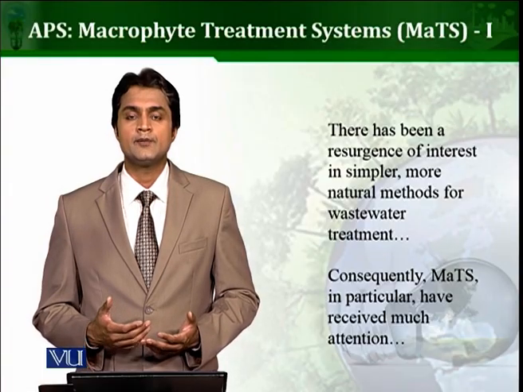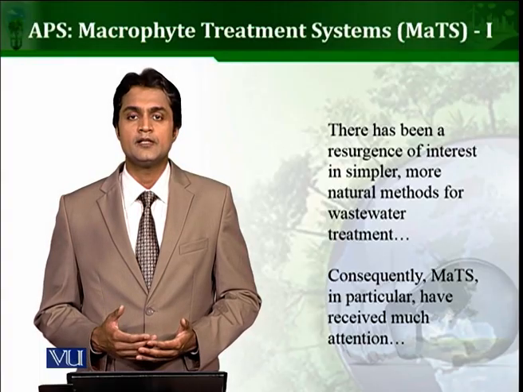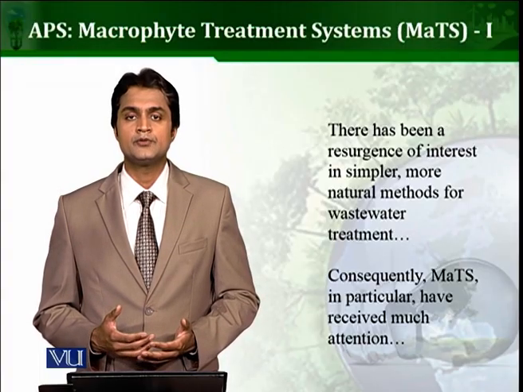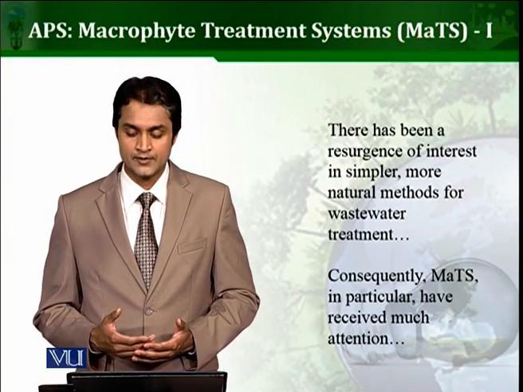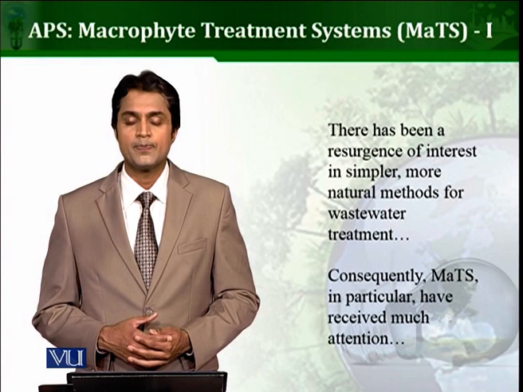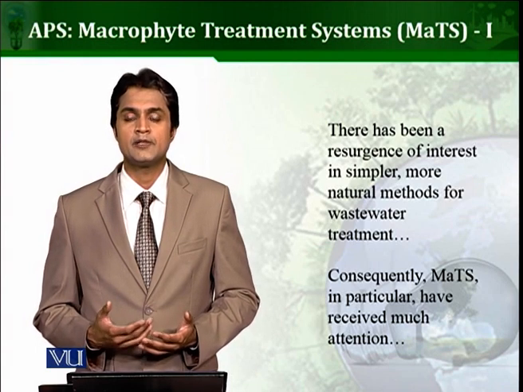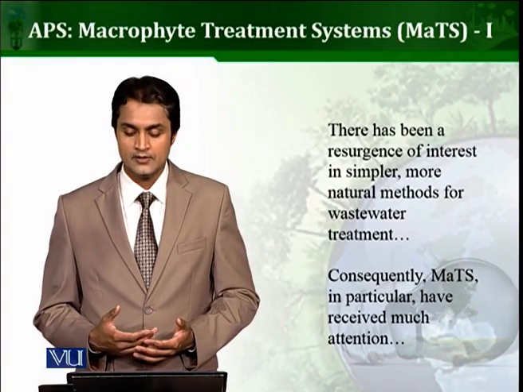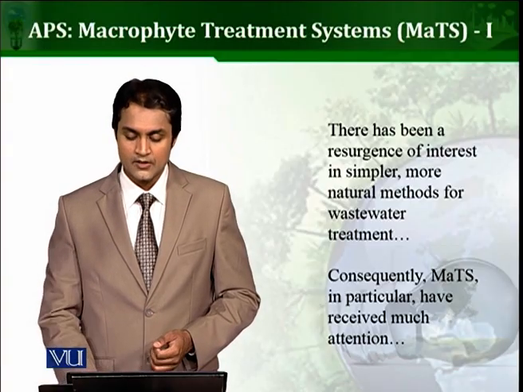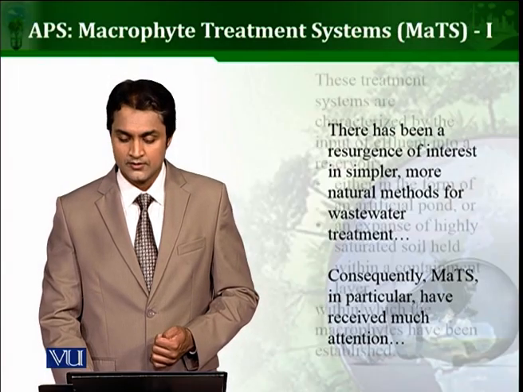Because when we use biological means for remediation of some contaminant, there is no harm to the environment, and there are no such toxic byproducts which are produced in the process. Same goes here, that our resurgence is there that we should use plants, phytoremediation either on land or in aquatic environments as well, for the treatment, for the remediation of certain toxicants. So that's why these days it is much in talk.